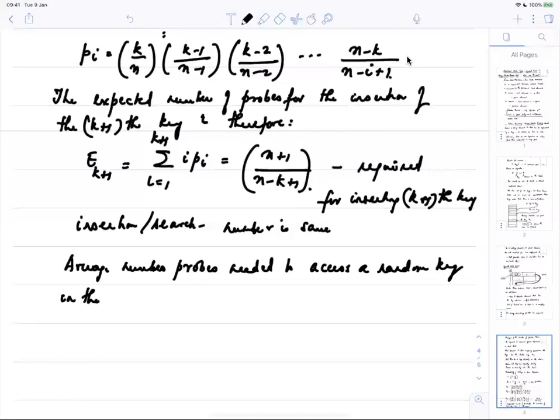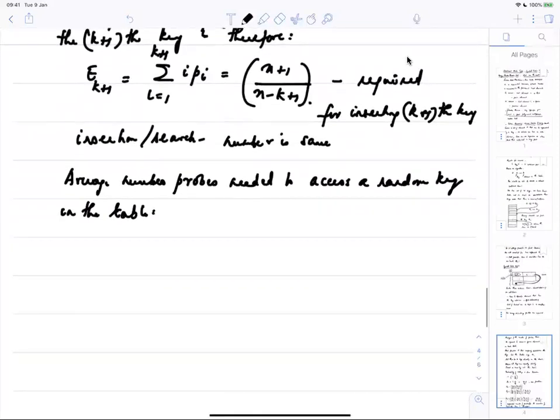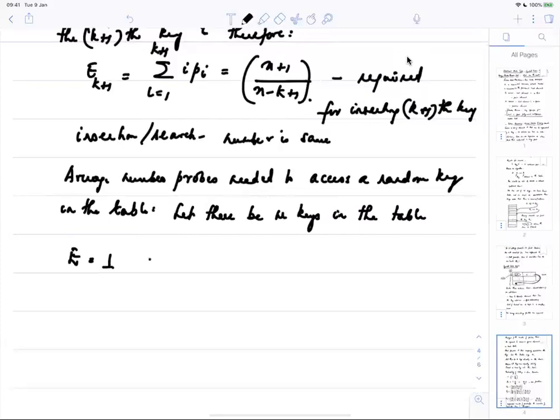Because we already put the elements in the table, which is the same as this. Let's call this E, and let us say that there are n keys in the table. Then E is equal to 1 over n, summation k equal to 1 to n of Ek.